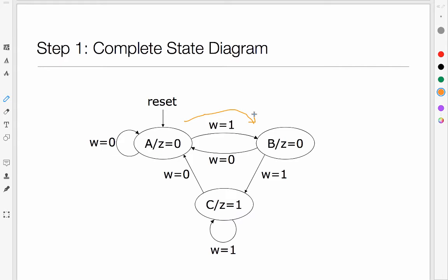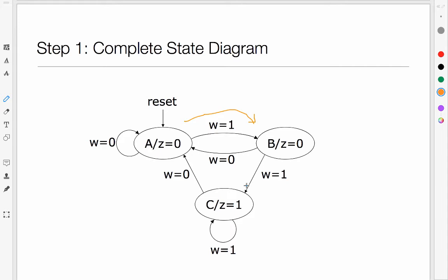The meaning of state B is that we have seen a 1. And then if I'm in that state and I get a 0, I go back, because that means I will not see a run of 2. But if I see W equal to 1, then I go to state C, and the meaning of state C is that I've seen 1 and 1, and before that it was all zeros.